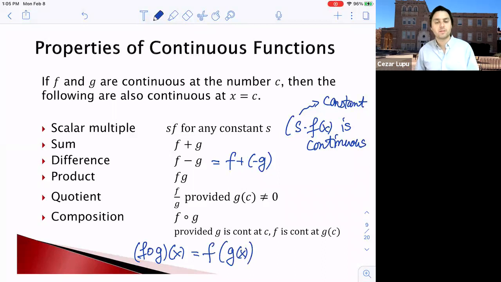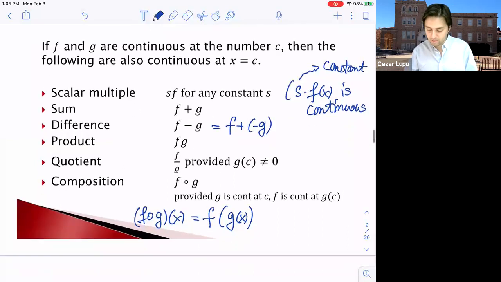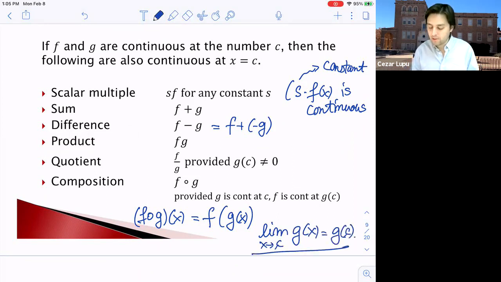So if we take the limit as x approaches c here, then we need some information about g of c, and we also need to make sure that f is continuous at g of c, right? And g is continuous at c, so the limit as x approaches c of g of x is nothing else than just g of c. So keep that in mind. We need this.